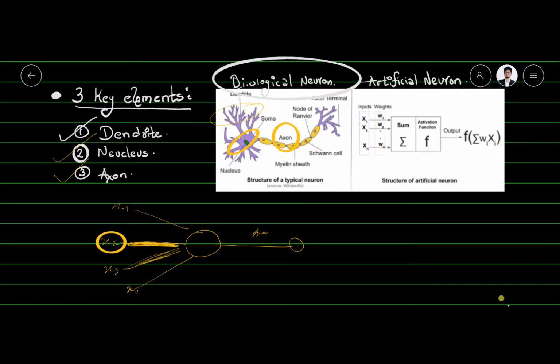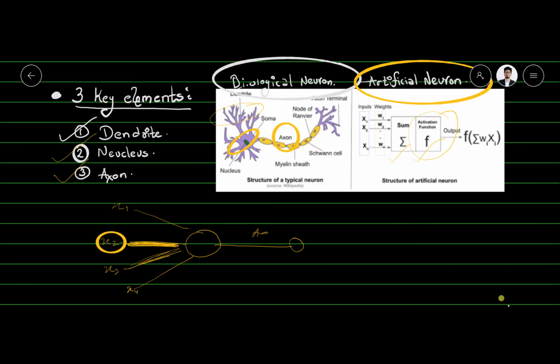In a similar way, if we look at the artificial neuron, in the nucleus there are two things: first is summation, followed by an activation function.